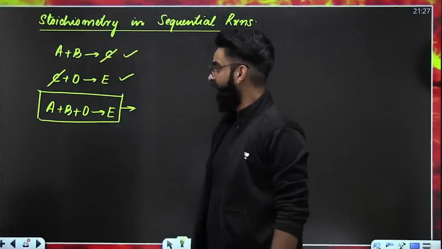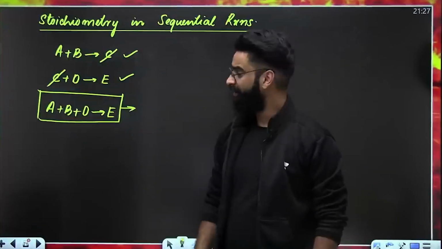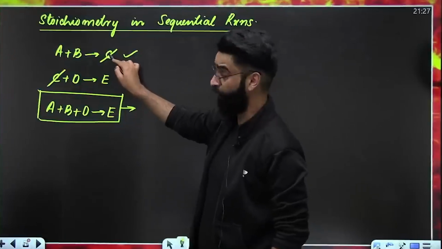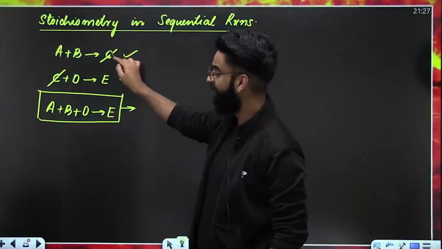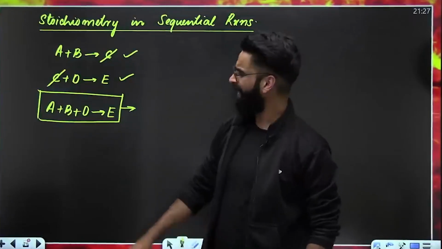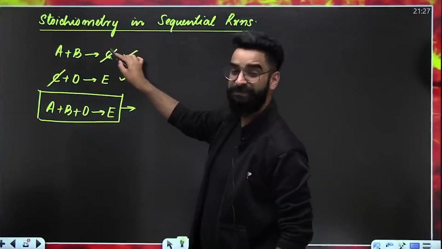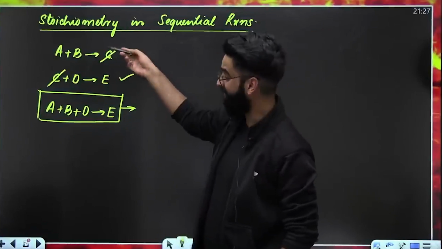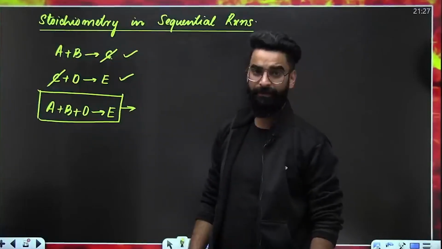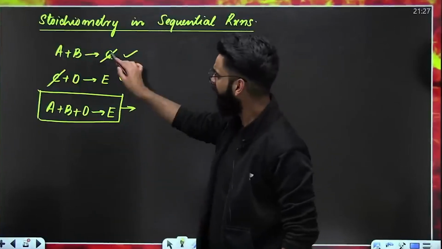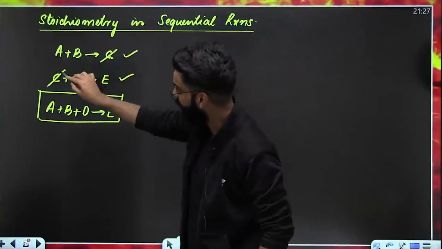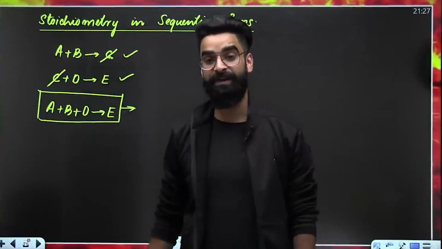So basically, the C which is getting formed in the first reaction, C is the product of the first reaction, right? And the same C is the reactant of the second reaction. So can I say the product which is formed in the first reaction becomes the reactant of the second reaction? So whatever amount of C gets formed in the first reaction, the same amount of C gets consumed in the second reaction.